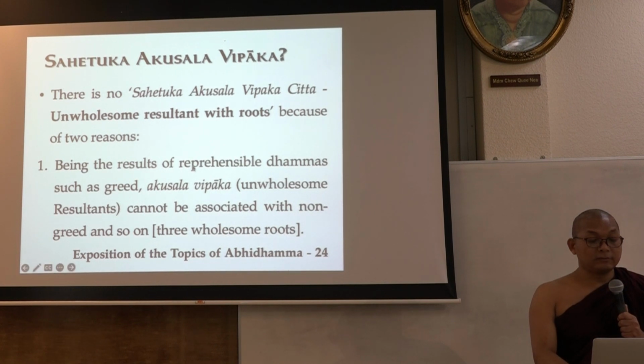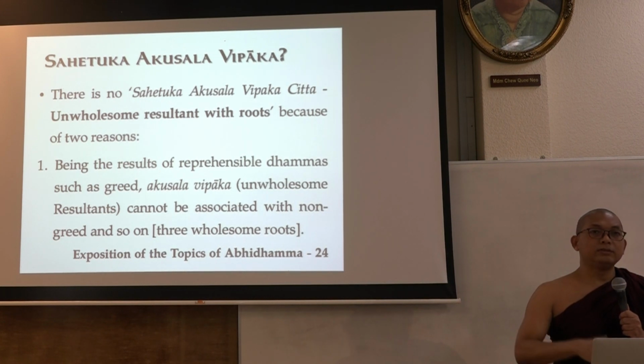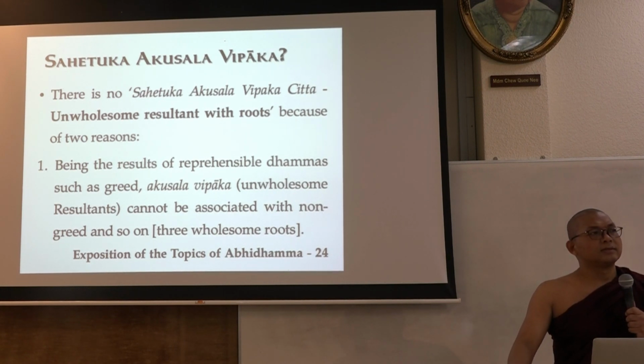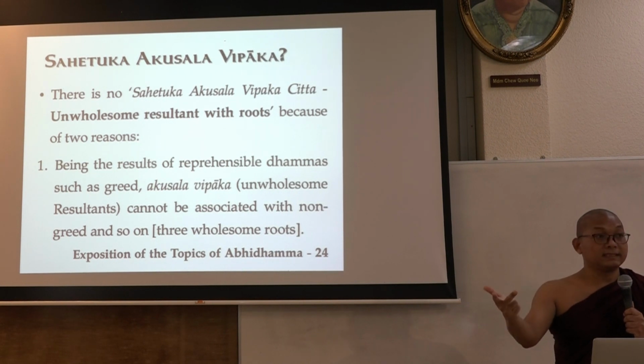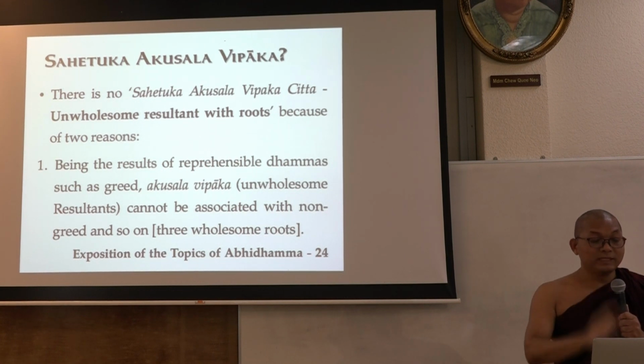Being the result of greed, hatred, delusion, akusala vipaka cannot be associated with non-greed, non-hatred, non-delusion, alobha, adosa, amoha. So that means you see unpleasant things with your eye, unpleasant sound with your ear, right? At that particular moment, there's no alobha, adosa, amoha yet. Quite clear, right? That is one reason.